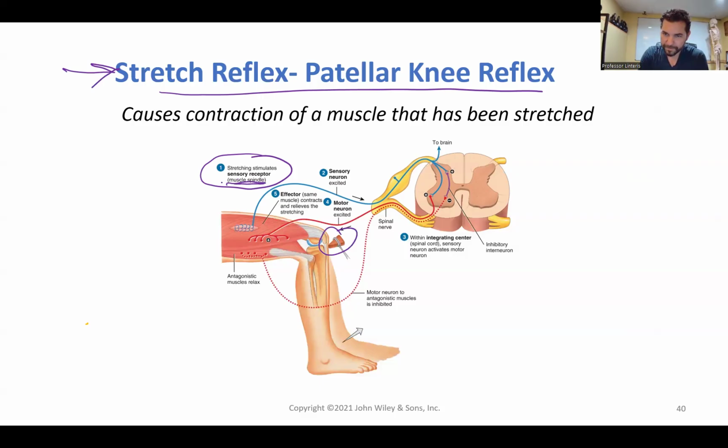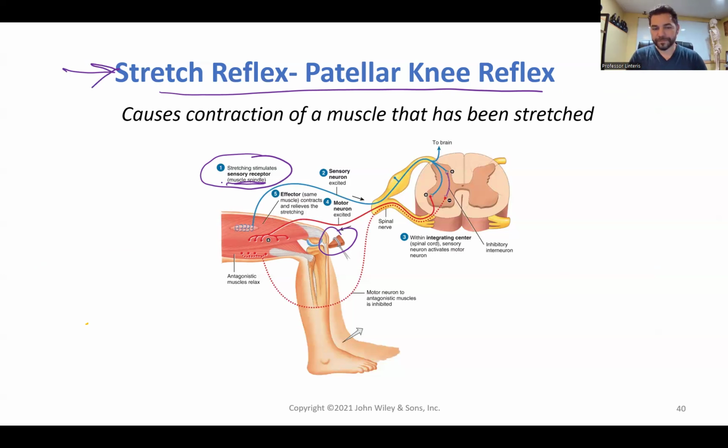That stretch, hence why we call it a stretch reflex, is detected by the receptor called the muscle spindle. So before we said it's a sensory receptor, now we're going into some detail: the stretch reflex is regulated by a muscle spindle. A muscle spindle is a sensory receptor designed to detect a length change, aka stretching of a muscle.